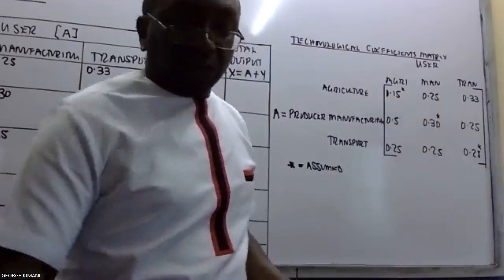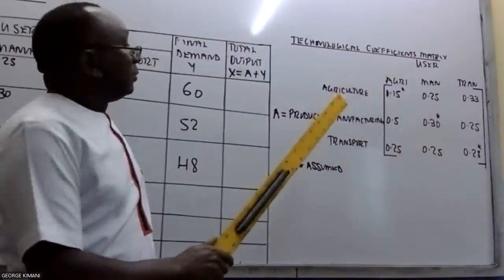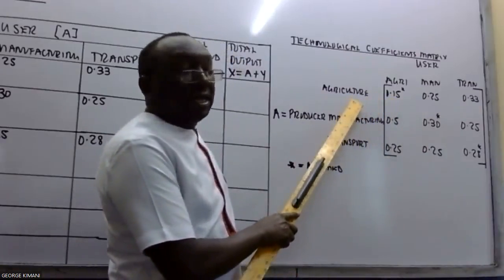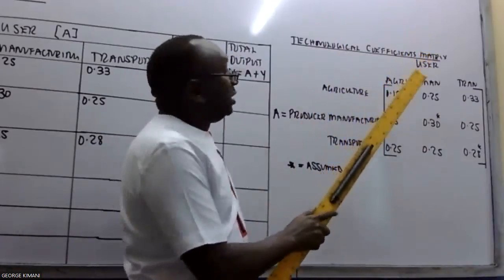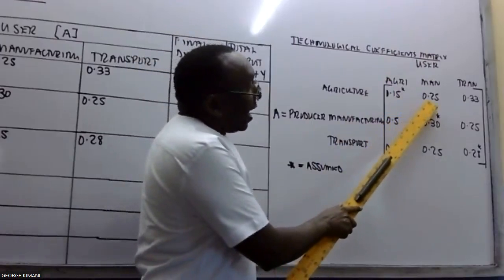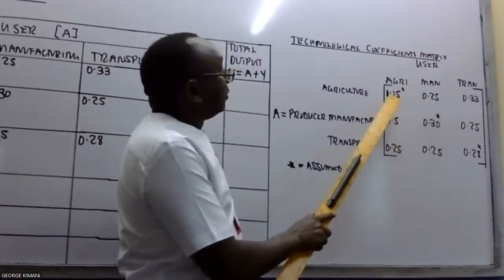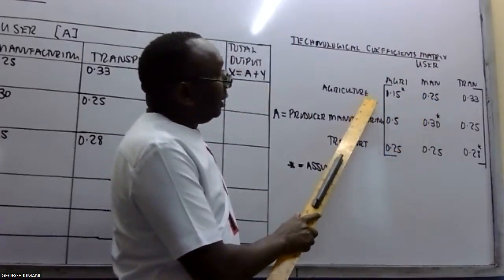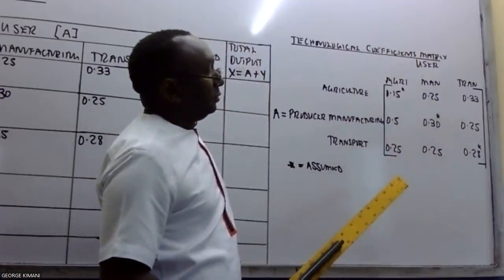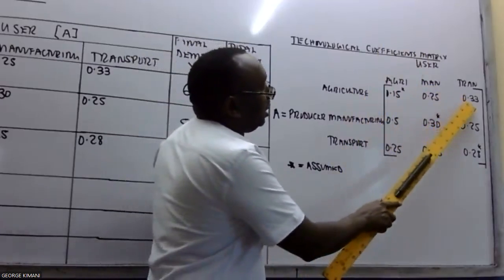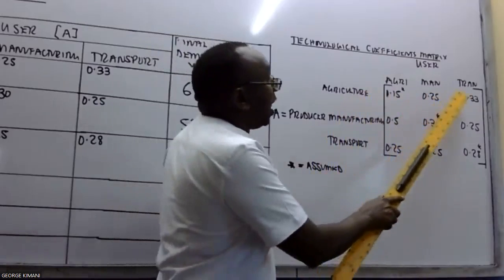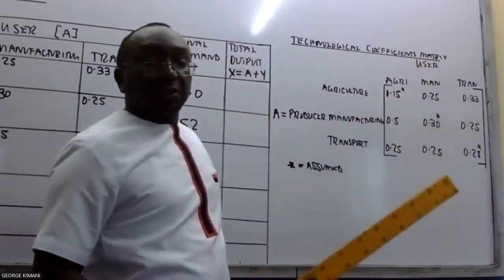Maybe I can now interpret it also this way. 0.15 is the output from agriculture required to make 1 unit by agriculture. 0.25 is the output from agriculture required to make 1 unit of manufacturing. 0.3 is the output from agriculture that is required by transport in order for transport to make one.